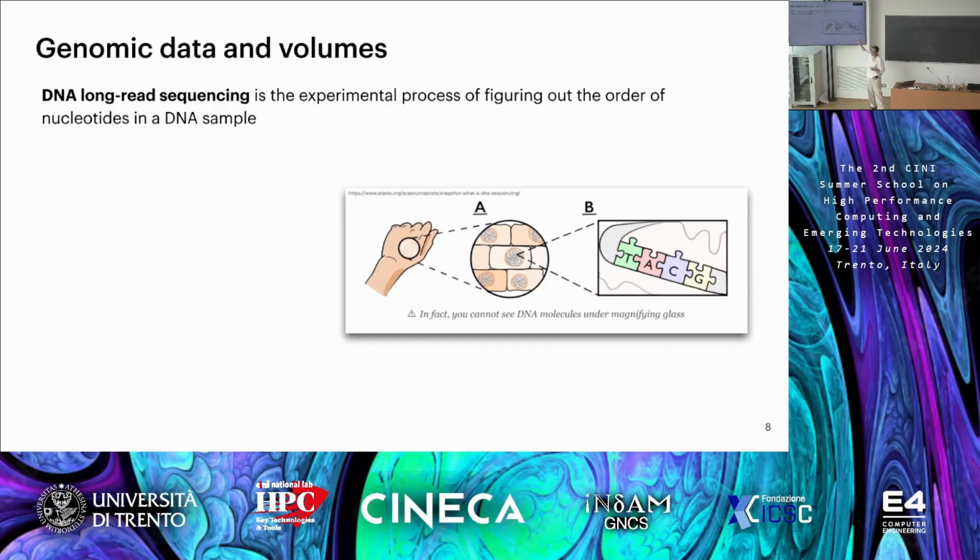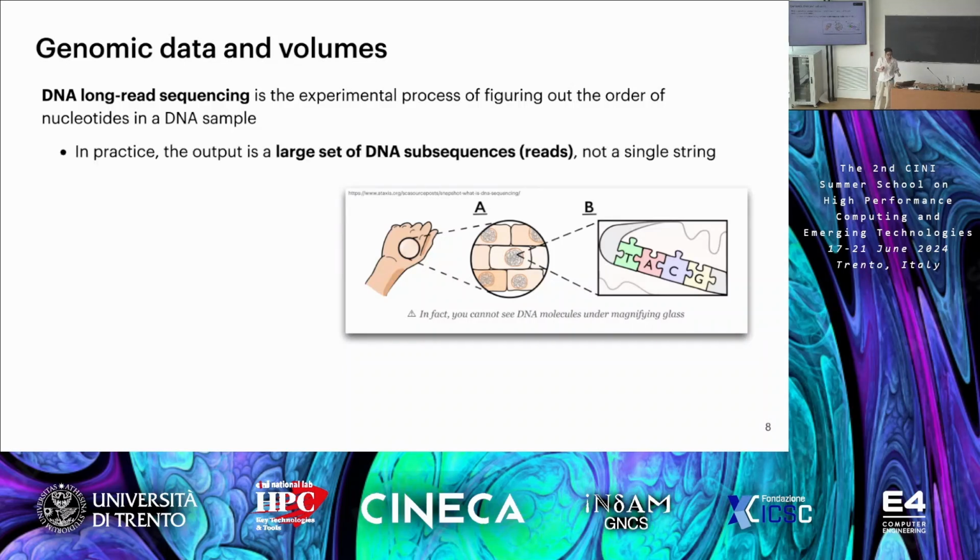What makes this very complex is that because of experimental limitations, the output is not actually your whole DNA. It's not that I input my blood sample and I get my whole string of DNA and that's what I'm going to use and we're going to do tests on that and that's great. It actually can only read short pieces of your DNA at any given time.